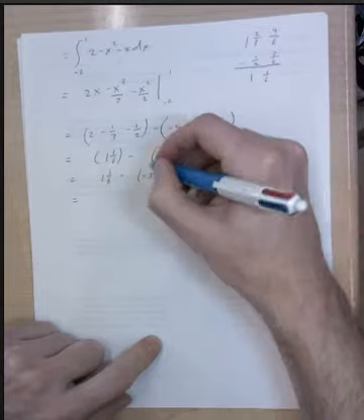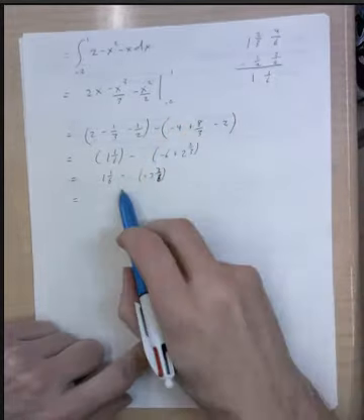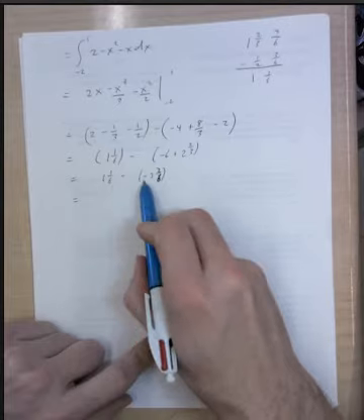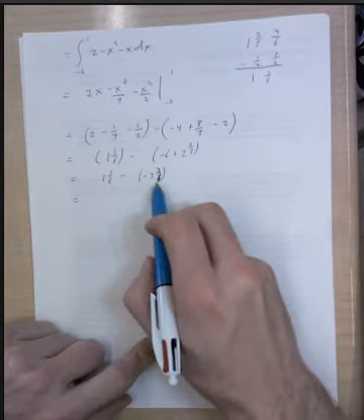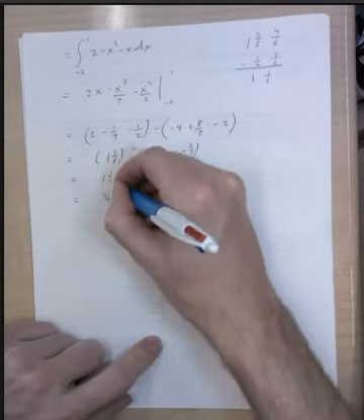So that's 2/6, so I can work with sixths here. Subtracting a negative is like adding a positive. So we have 4 3/6, or 4 1/2, which is the correct answer.